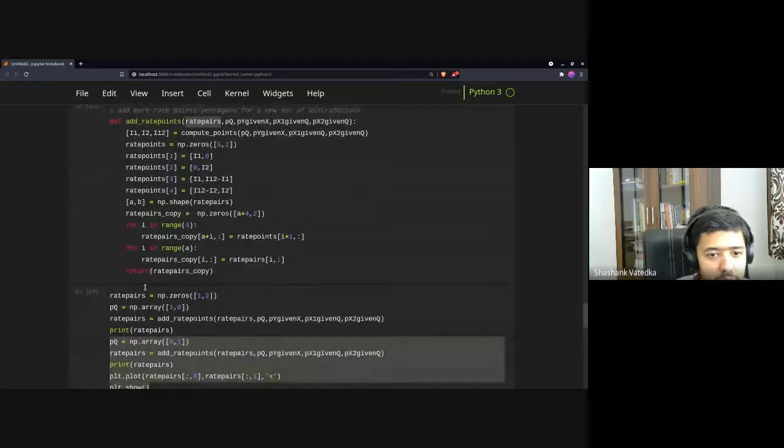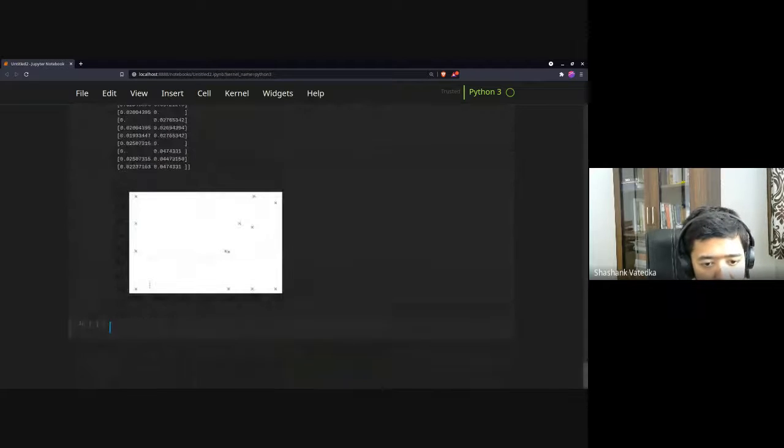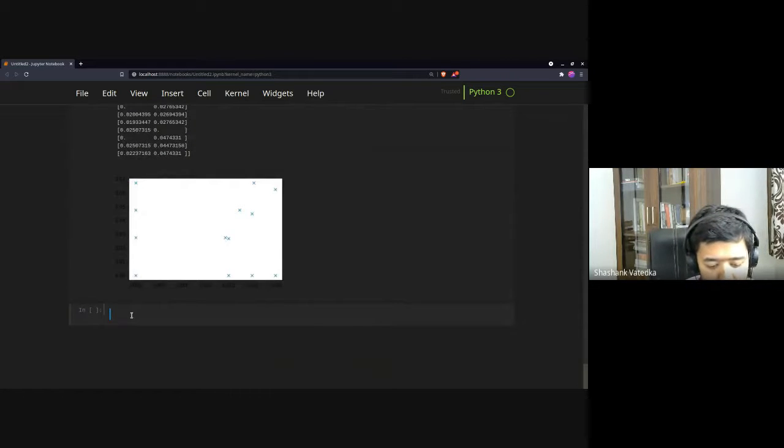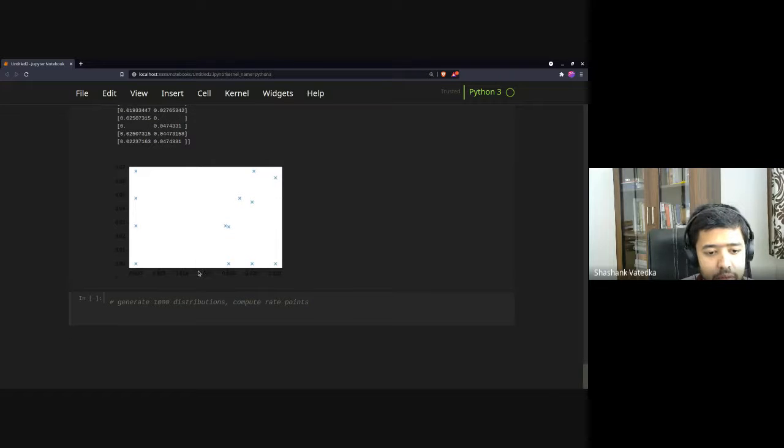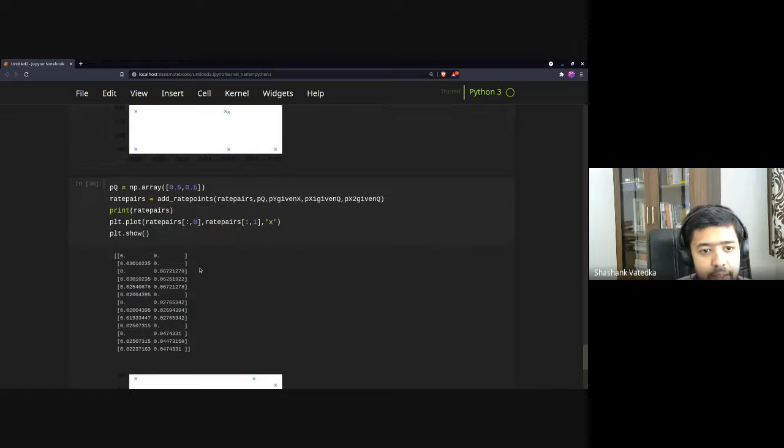So let's generate maybe 1,000 distributions and compute rate points. Let me do the following.